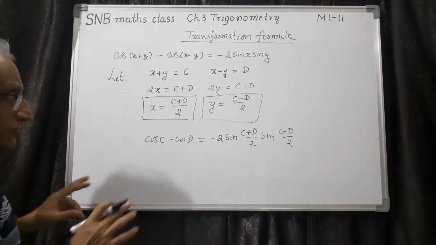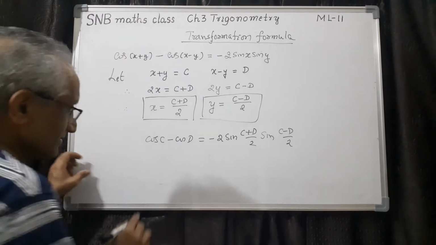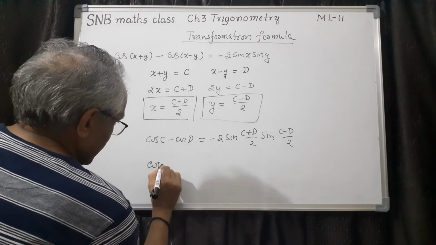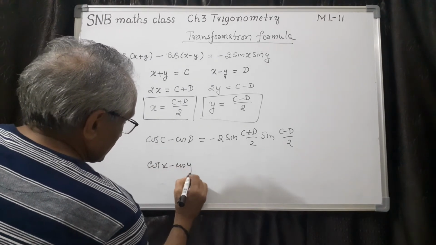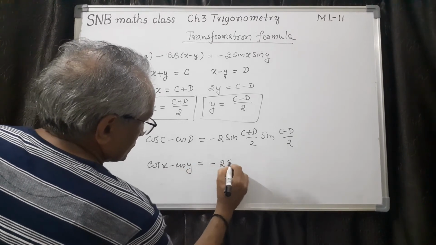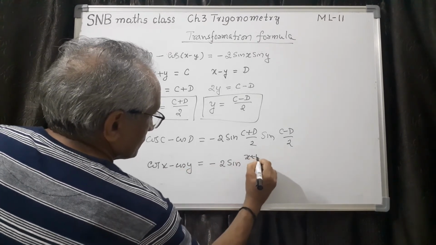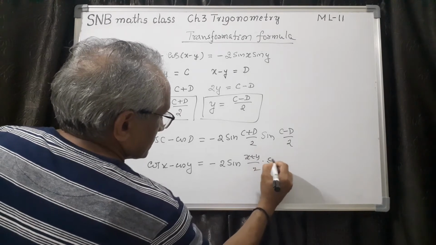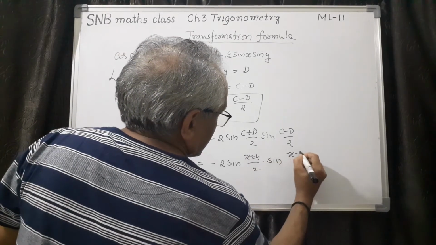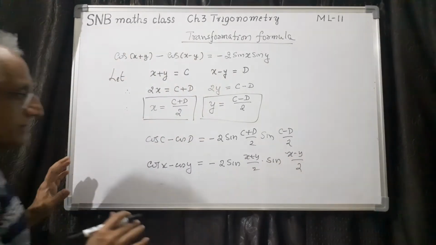So if you don't want c and d, then you can write cos x minus cos y will be equal to minus 2 sine x plus y by 2 and sine x minus y by 2. So this is the formula.